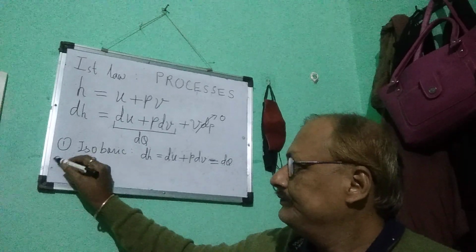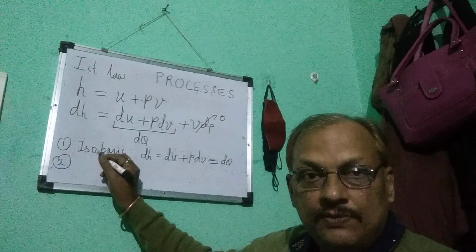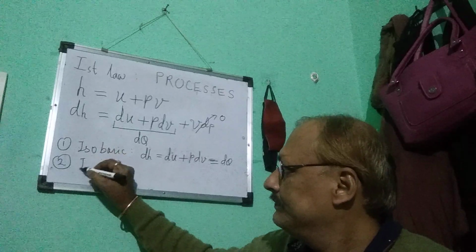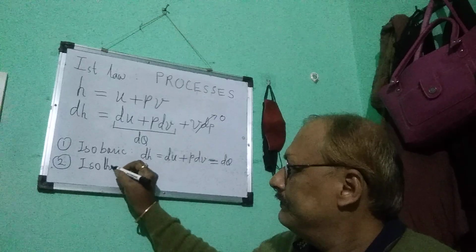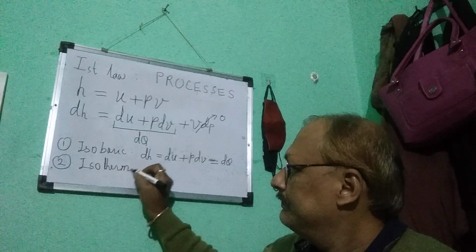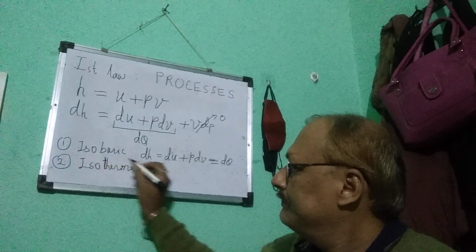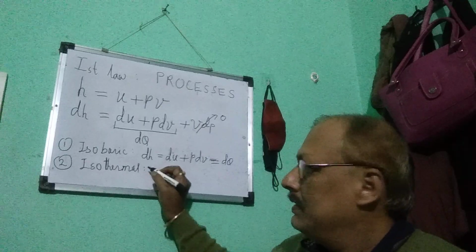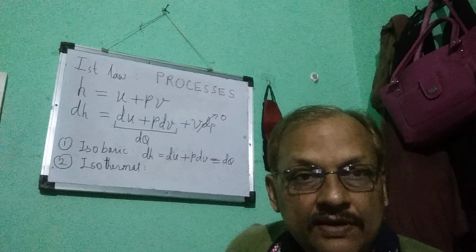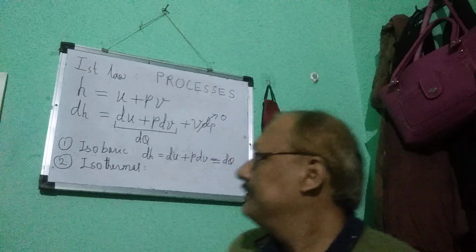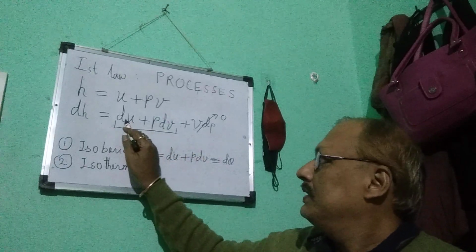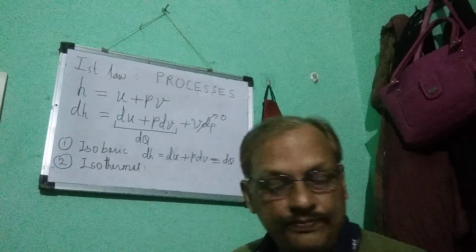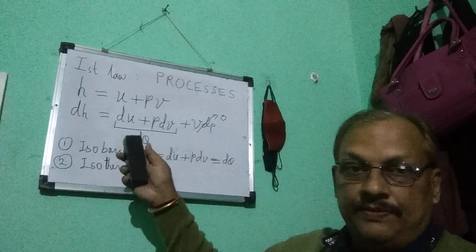Second, the isothermal process. Isothermal means temperature is constant. So here we have to write du in dT form.